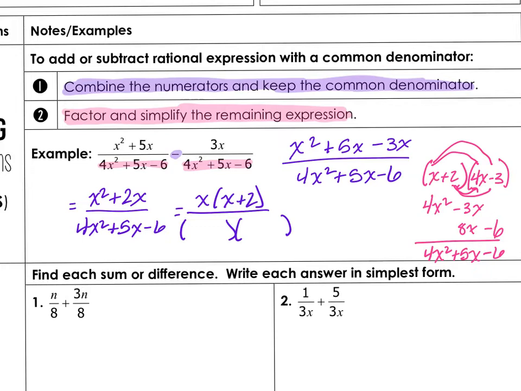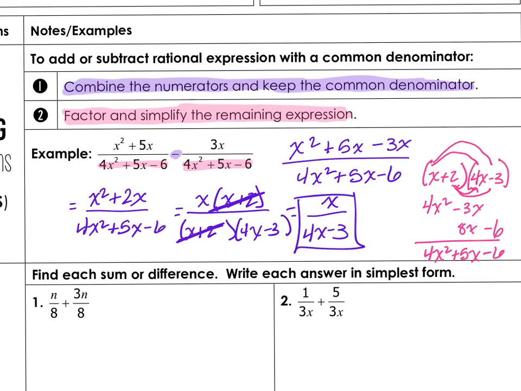So that was a good assumption. Sometimes we can make those assumptions and they come out right. So I've got x plus 2 times 4x minus 3. So I've got an x plus 2 on top and an x plus 2 on the bottom. So my answer is x over 4x minus 3.